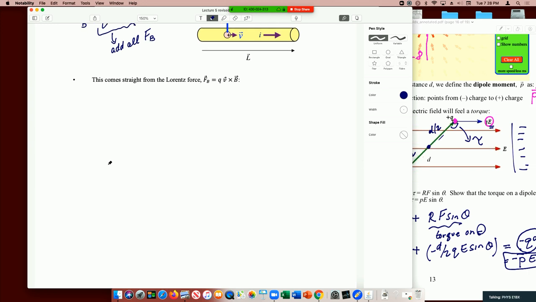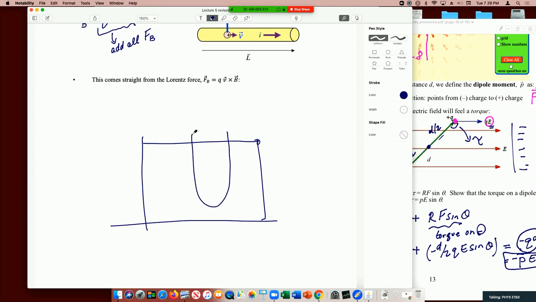So we've got a demonstration set up here, and here, I'll draw it for you. You've got a wire like this, and then there's this large magnet like this. You can think of the magnetic field going across like this.